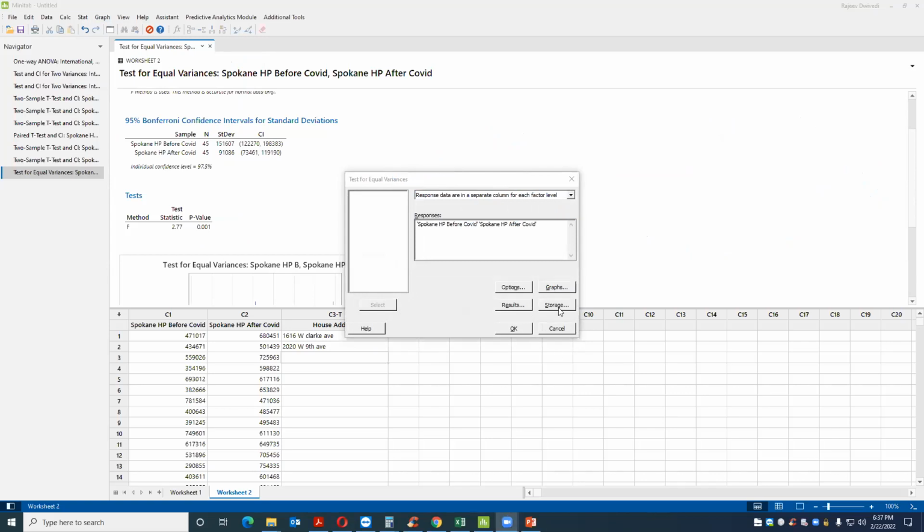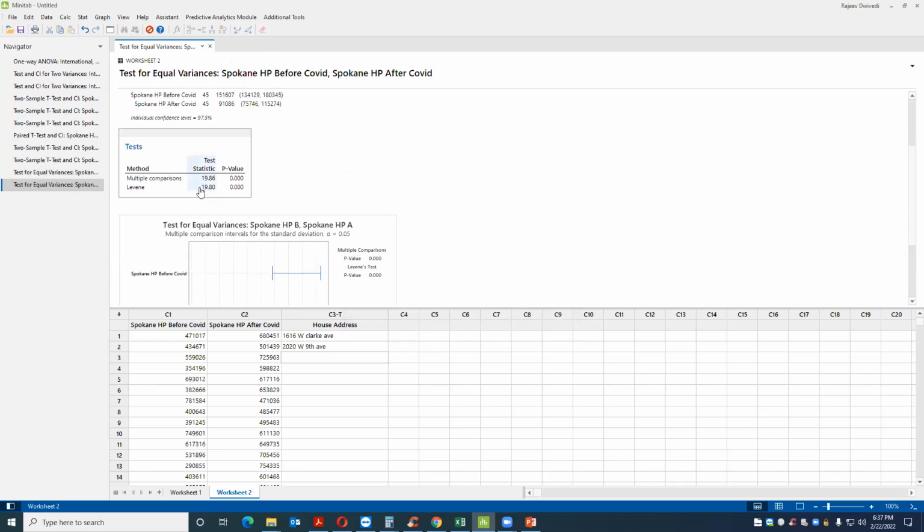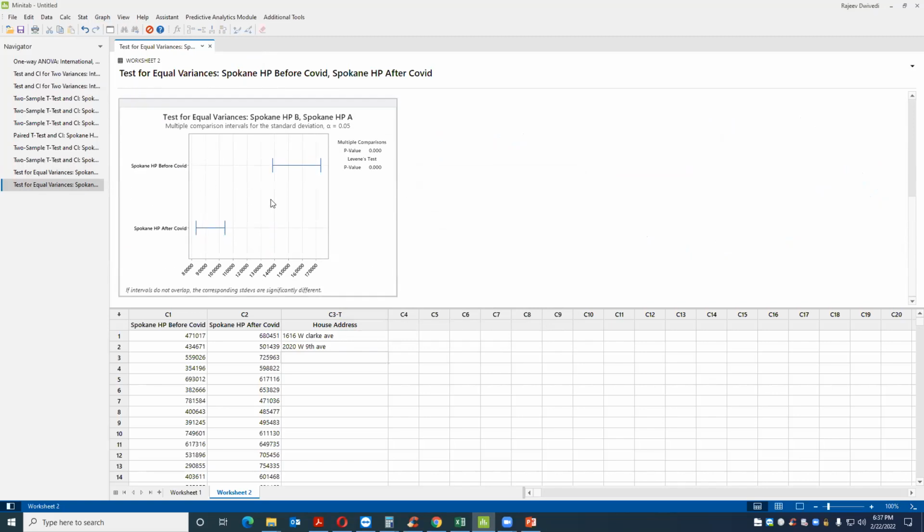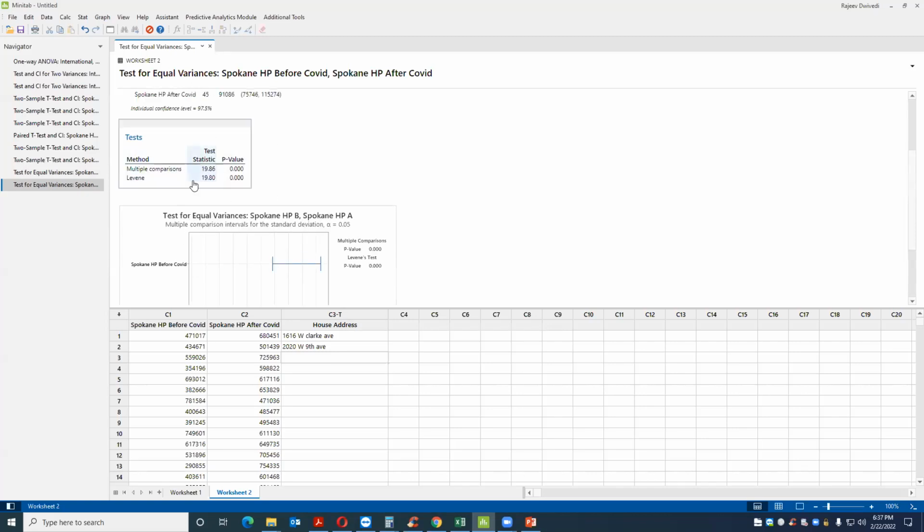Now look into this. Here I don't use the normally distributed option. And now I can see we have this test, which is Levene's test. And that is also similar, with its own test statistic and p-value, and it also shows whether the variance is equal or unequal, because based on Levene's test, when we don't assume normality, this is the situation.